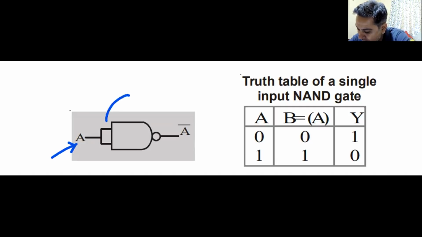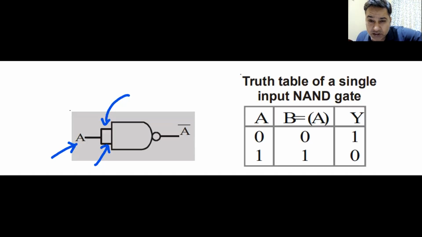From that input A, we have made two connections. Do we see these two connections? So basically, the same input is put into two ways. Instead of having one input, we are having two inputs, but in those two inputs, we are putting the same signal. Do you understand this? Yes, sir.